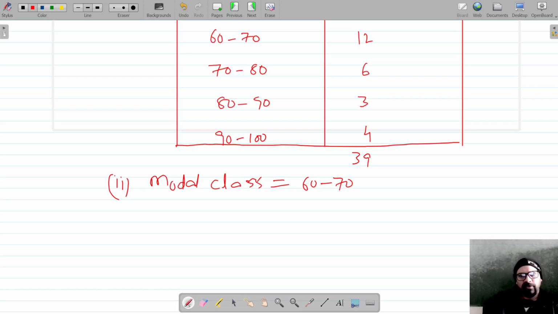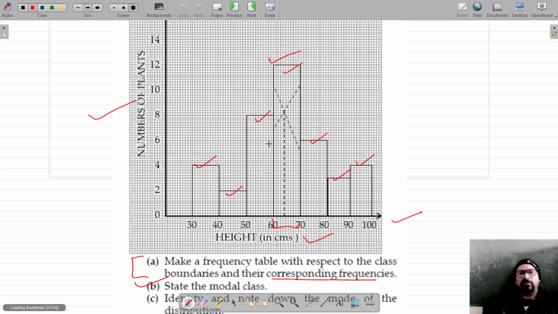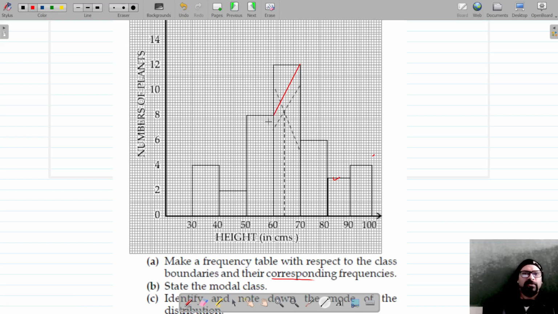Now from the given histogram, we have to find the mode. How do we find the mode from the histogram? Let's take the highest bar, and from its right corner draw a line to the right corner of the immediate previous bar, and from the left corner of the bar to the left corner of the immediate next bar.